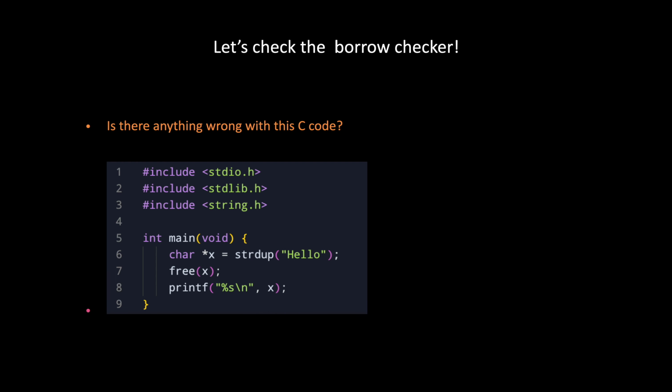If you try to compile this code with any standard C or C++ compiler right now, you probably won't see any warnings or errors. This code gets compiled and executed without any issues. And that's the main problem in C, because this is a simple snippet.